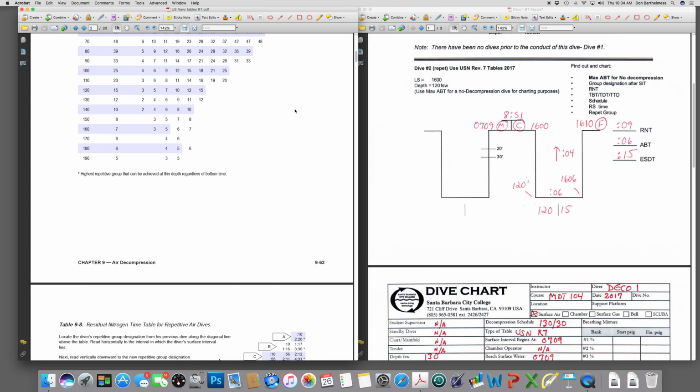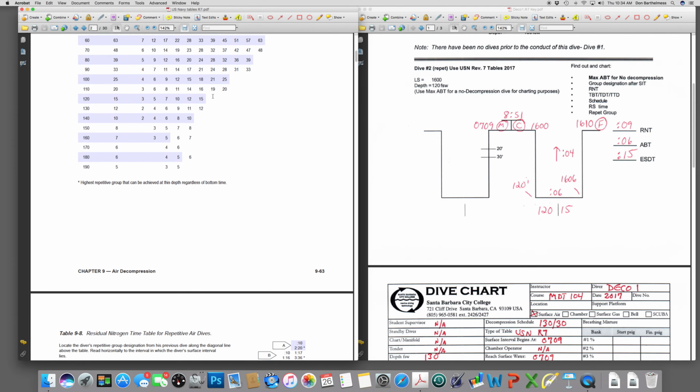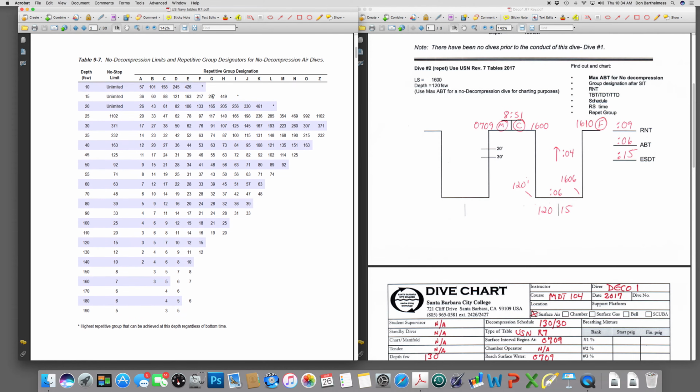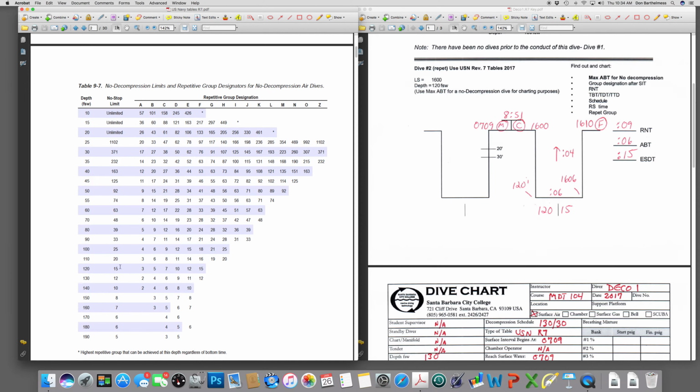That is our schedule, 120 for 15, and we follow this chart right here, 120, come across till we hit 15. It's right on the no decompression limit, and we see that we're an F diver with all that nitrogen and bottom time from the prior dive plus the 6 minutes. We're now back up to F. So the diver reaches the surface as F, and I write that on the chart and I circle it.